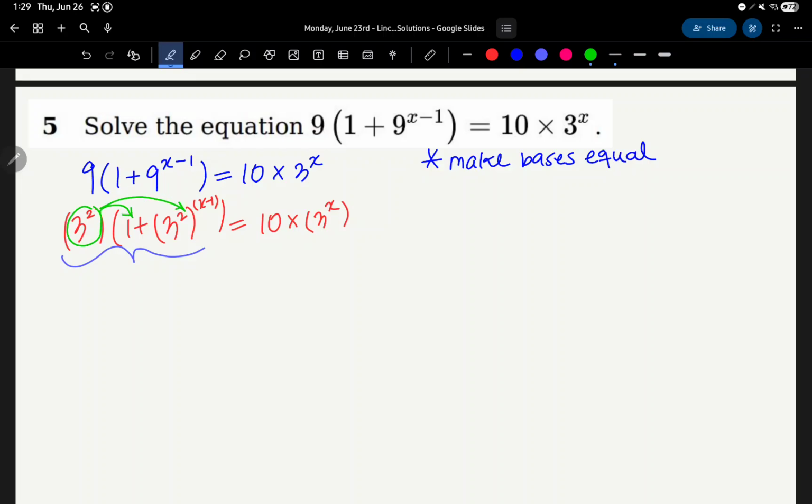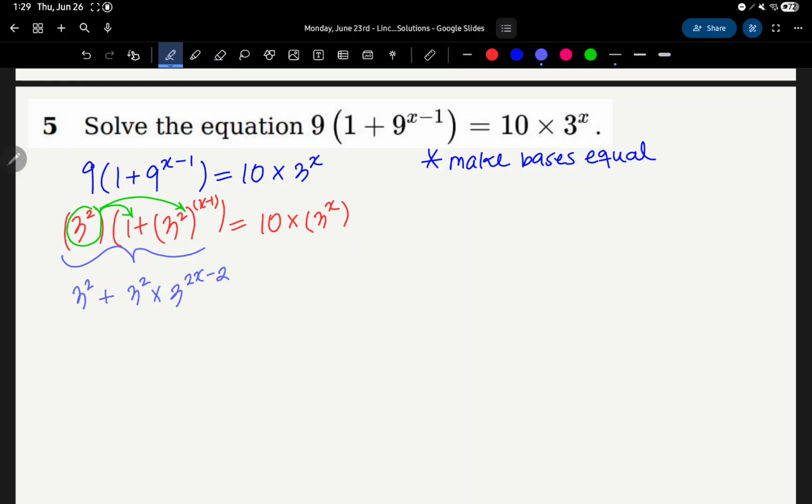It looks like 3 squared plus 3 squared times (3 squared) to the power of x minus 1. And what is 3 squared to the power of x minus 1? That is 3 squared to the power of 2x minus 2, right? Because for the exponents, it was just 2 times (x minus 1), so we just distribute it and we get 2x minus 2.